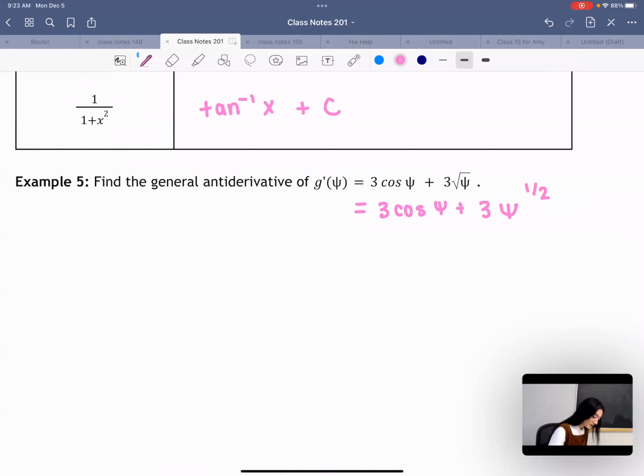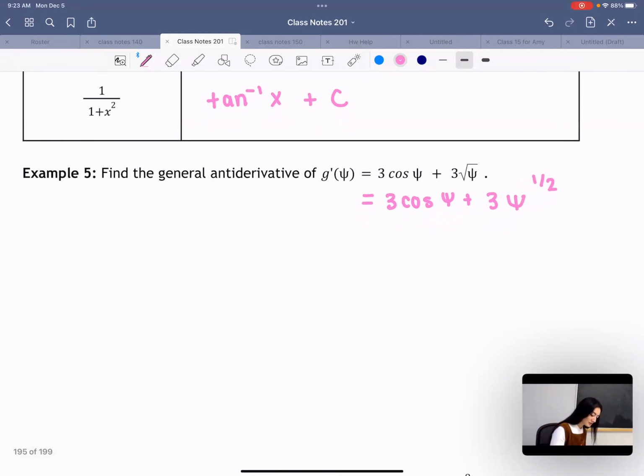Okay, so let's use our rules that are going backwards here. What's the antiderivative of 3 cosine psi? Take a look at your chart. Kind of hard to go backwards.